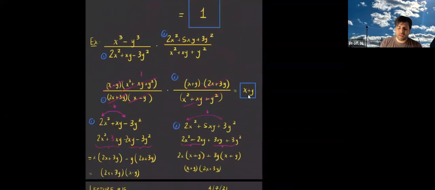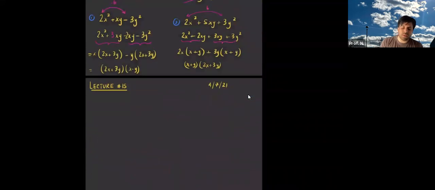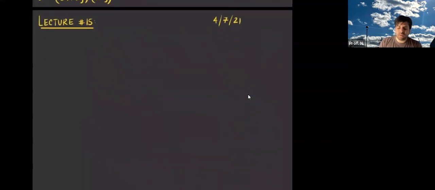So we talked about multiplying, and now we're going to go on to the next phase, which is dividing. Dividing rational expressions.